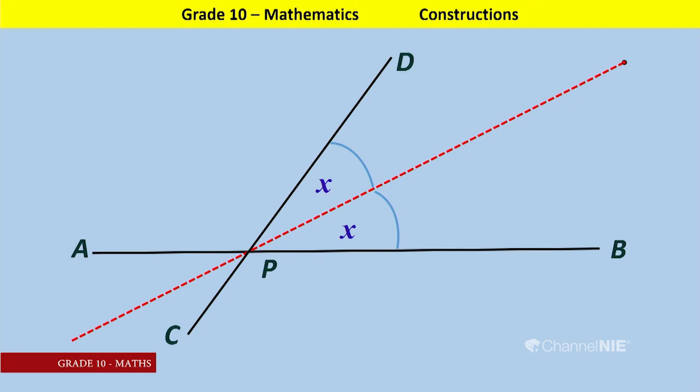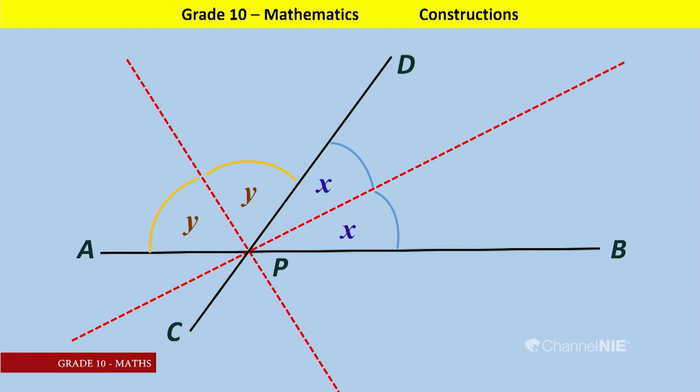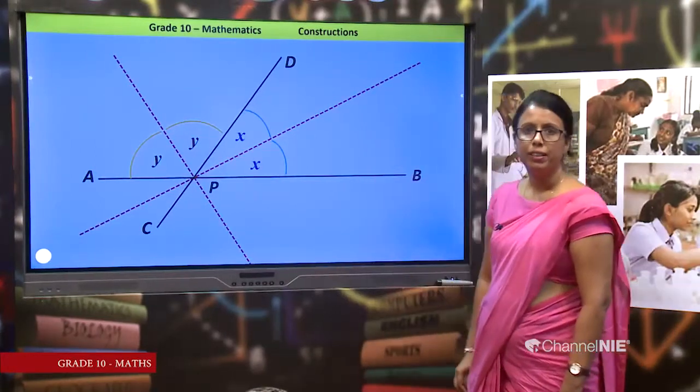Not only one angle bisector, we can find 2 angle bisectors. When we consider this acute angle, we got 1 angle bisector.